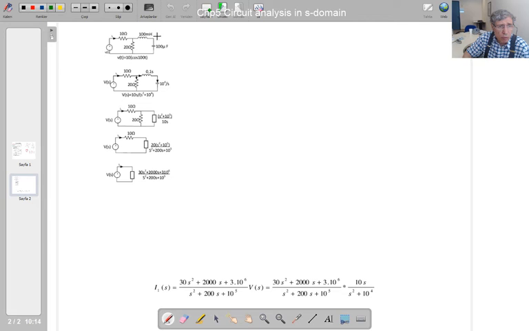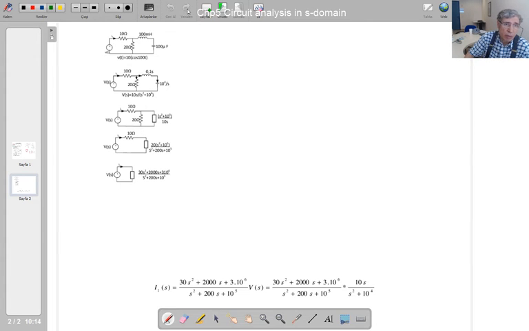This is a time domain circuit. We are going to transfer it to S domain. In S domain, those two are connected in serial, so replace them with one element, and then this element connected to the 20 ohm resistor in parallel is replaced with the equivalent. And now this is connected to 10 ohm in serial, so you can replace those two with this one.